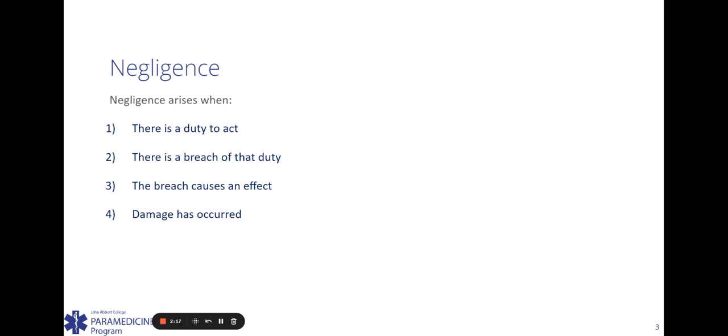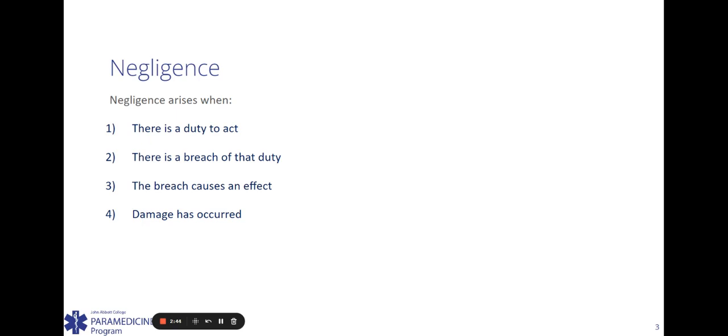Next is having a breach of duty. This refers to a failure to meet the standard of care required in the duty to act. For example, if a paramedic fails to correctly diagnose or recognize a condition or administer the right treatment, then there has been a breach of that duty. Next is cause and effect. So the breach of duty must have caused harm.